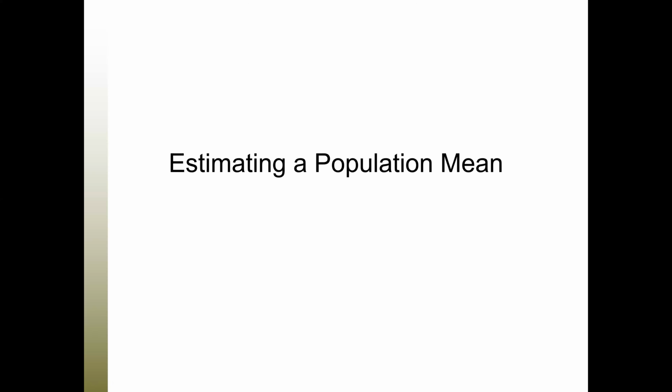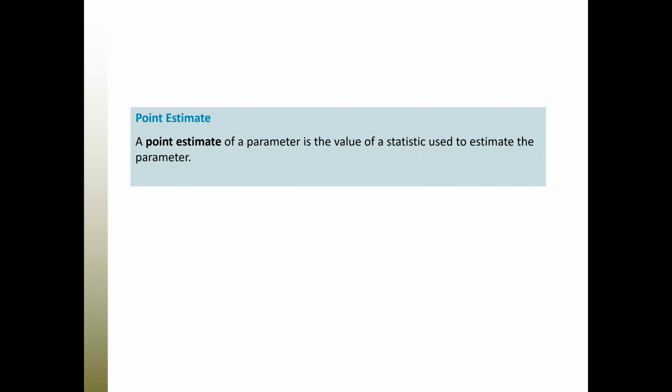Now, a point estimate is a specific value of a point estimator. The point estimator for the population parameter mean, in this case, is the sample mean.